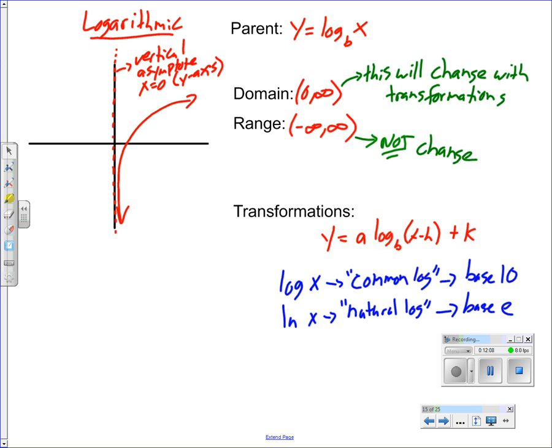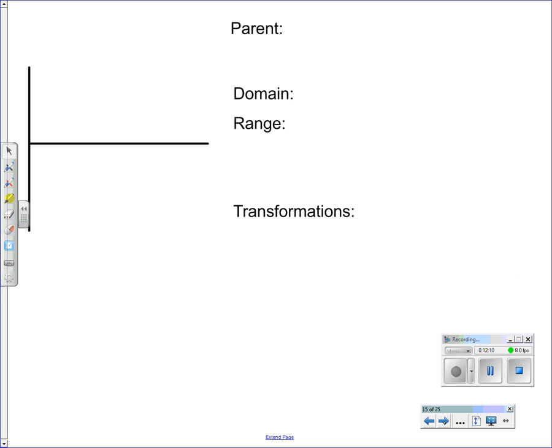So now we're going to get into our trig functions, our 6 trig functions. The first one was our sine function. The parent graph is y equals sine x. Remember, this follows that same 5-point pattern starting from 0. It goes 0, up to max, back to 0, down to min, and then back up to 0.